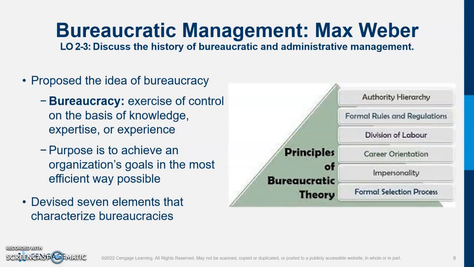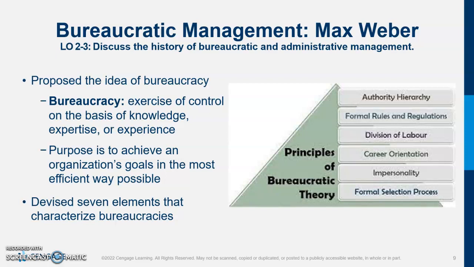Next, we're going to move on to bureaucratic management. Max Weber was really the person who spearheaded this. At one time, people were given jobs or power based on who they were, what family they were born into. Think of kings and queens and princes and princesses. What Max Weber said is, look, people should be given control based on their knowledge, expertise, and experience.